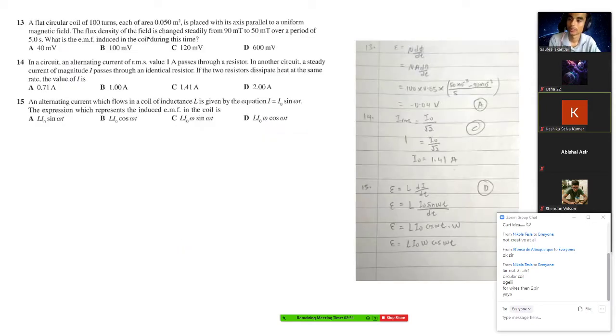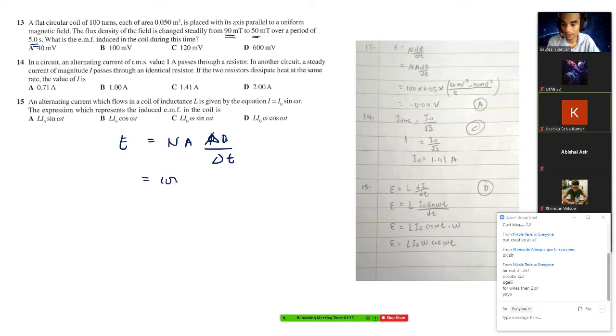Number 13. A flat circular coil of 100 turns, each of radius 0.050 meter, is placed with its axis parallel to a uniform magnetic field. The flux density changes steadily from 90 to 50 millitesla over a period of 0.5 seconds. What is the EMF induced in the coil during this time? So E equals N A times change of B divided by change of t.